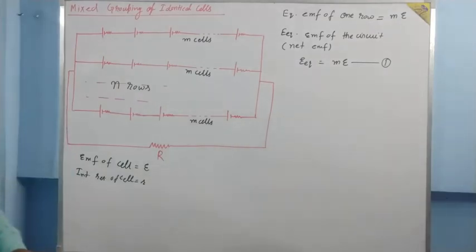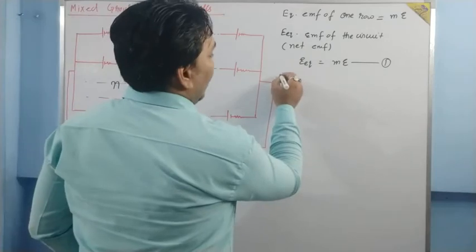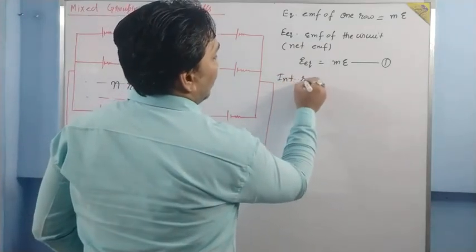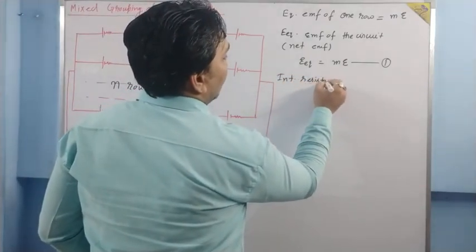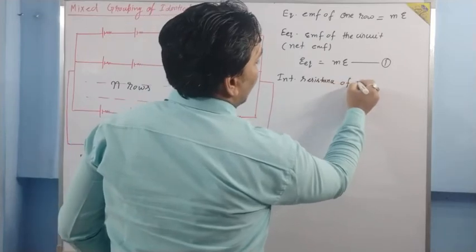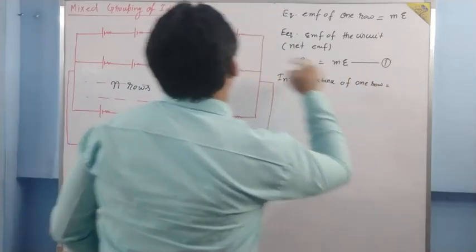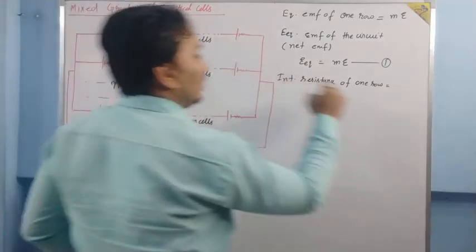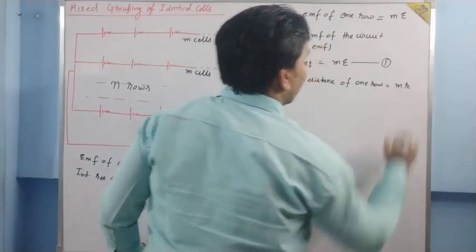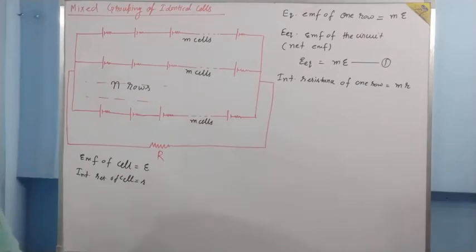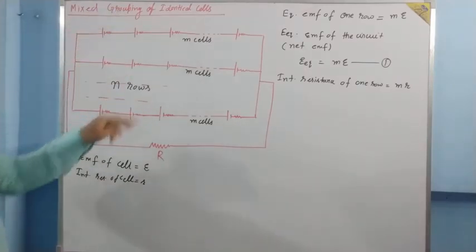Okay. Now let us go for the internal resistance. The internal resistance of one row: m cells are there, so it will be m into small r. And there are n rows.